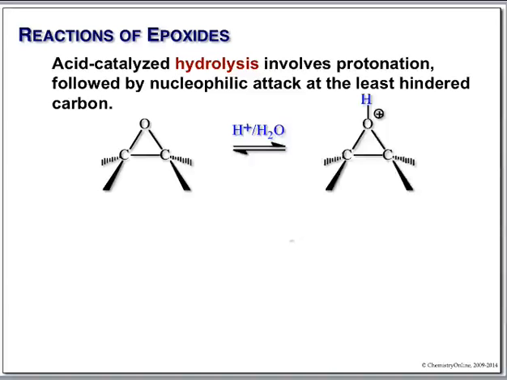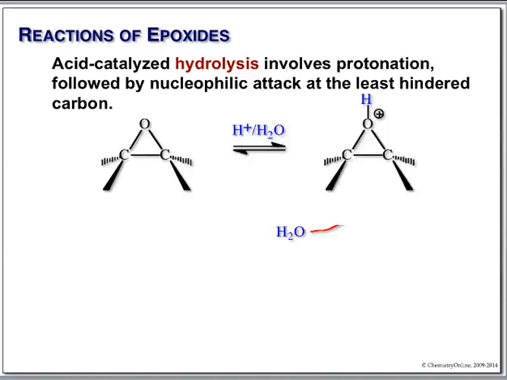And once we've done that, this hydroxyl group is a really, really good leaving group. That makes one of these carbons very electrophilic. So we have an electrophilic carbon and a leaving group, all set up for an SN2 reaction, right?